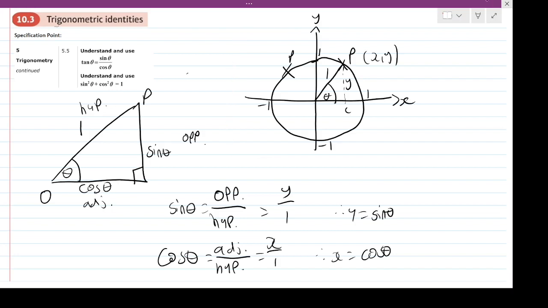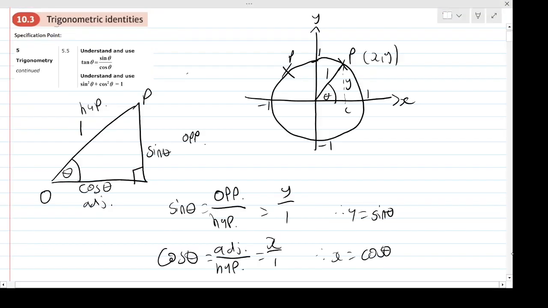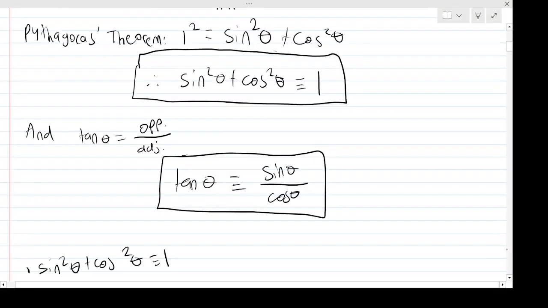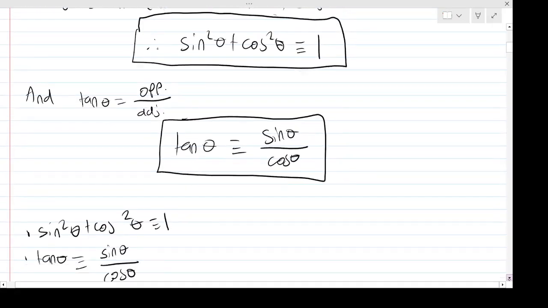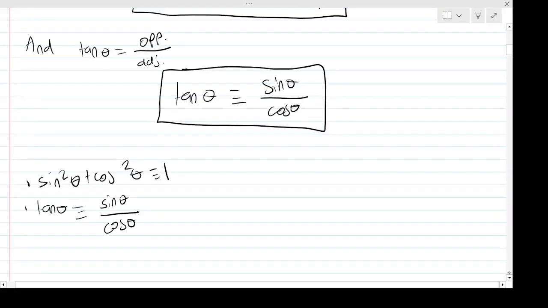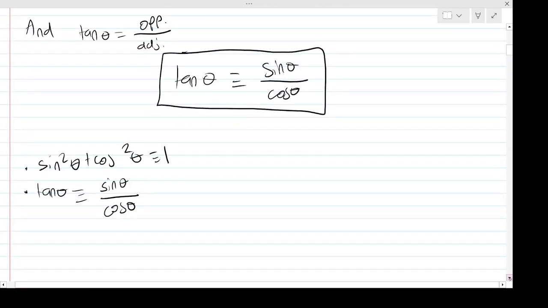I'm just showing you how we get to the identities, but you do need to learn them. You need to memorize them, but you just need to know how to use them once you learn them. And once you do learn them, they do seep into your memory as you do more and more questions. So it's not as bad as it might seem. So this is the idea, then, we're going to use these two identities in this section.